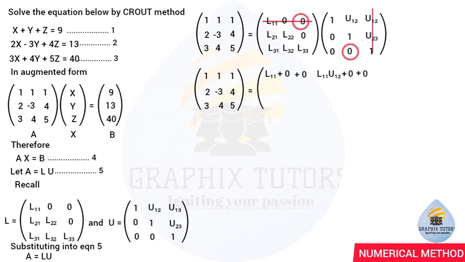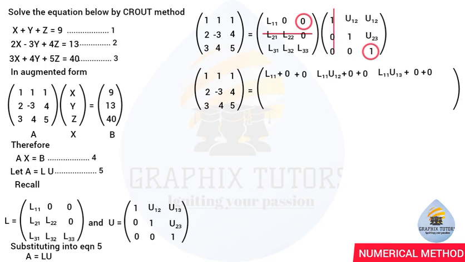I'll be having L11 times U13 plus 0 times U23 plus 0 times 1, which will give you 0, right? This is what we have in the first row. Now that is for the first row. For the second row of the first matrix, we use it to multiply the first column of the second matrix.